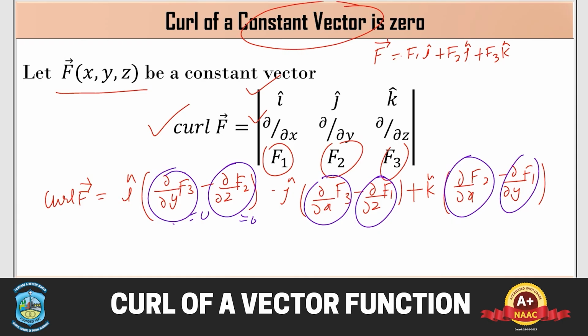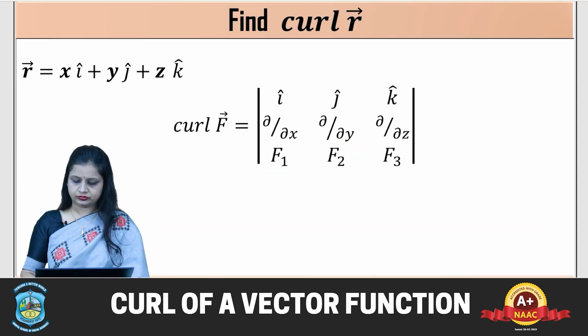So, it means curl of this vector is 0 i cap plus 0 j cap plus 0 k cap, which is equivalent to the 0 vector. Thus, we get curl of a constant vector is 0.